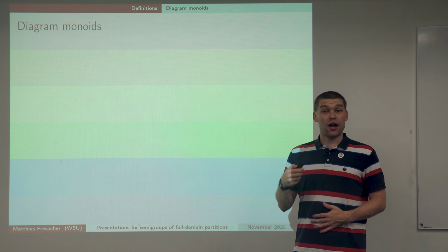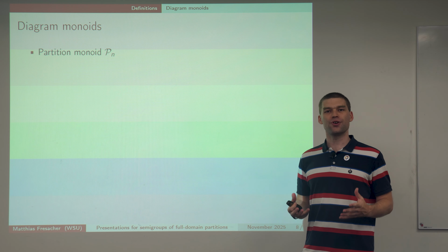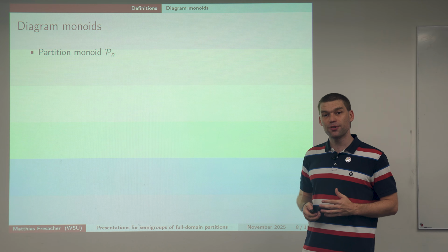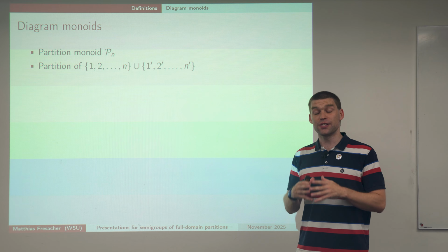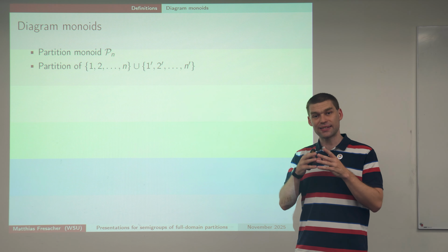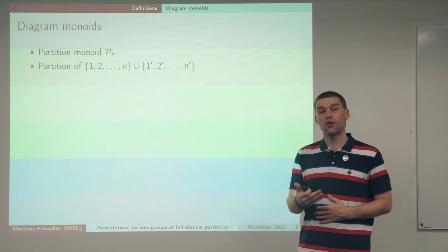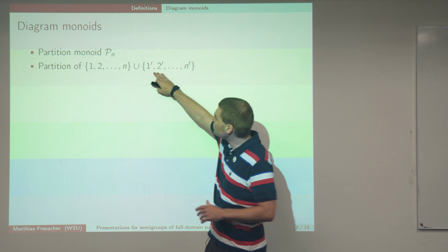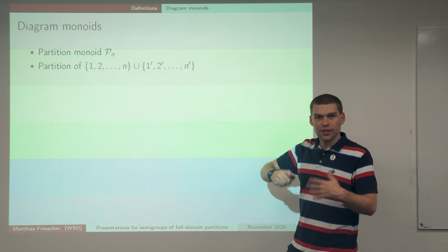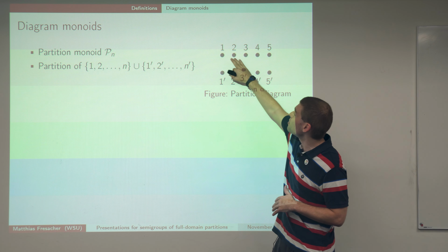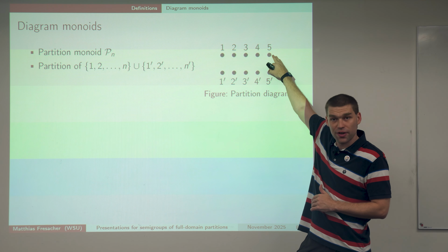Moving on to our diagram monoids. So first up is the partition monoid, Pn, and I can think of this or define this formally as all of the elements, or the elements are all of the different partitions of the set 1 up to n union with 1 up to n primed. I can picture this pictorially by drawing my set 1 up to n as just a row of vertices.